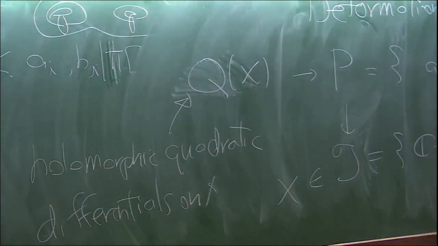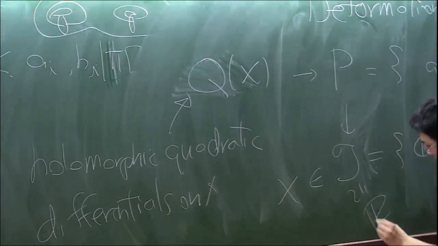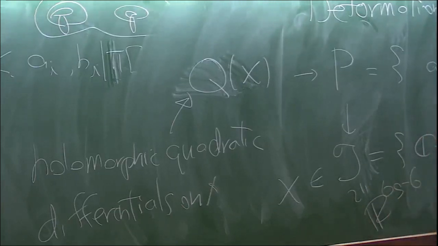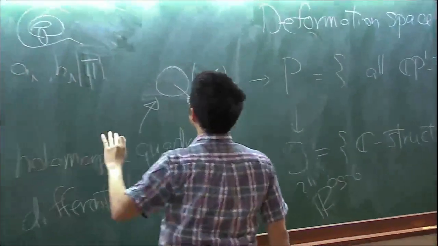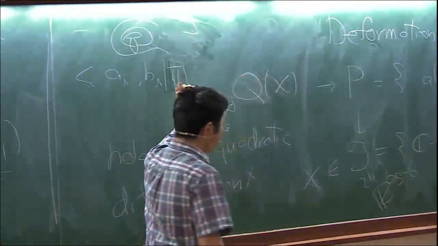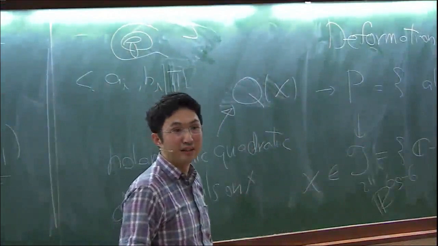This space of complex structures, called Teichmüller space, is diffeomorphic to Euclidean space of dimension 6g minus 6, where g is the genus of the surface. From now on I've been assuming S is, as in the theorem, a closed oriented surface of genus at least 2. Okay?